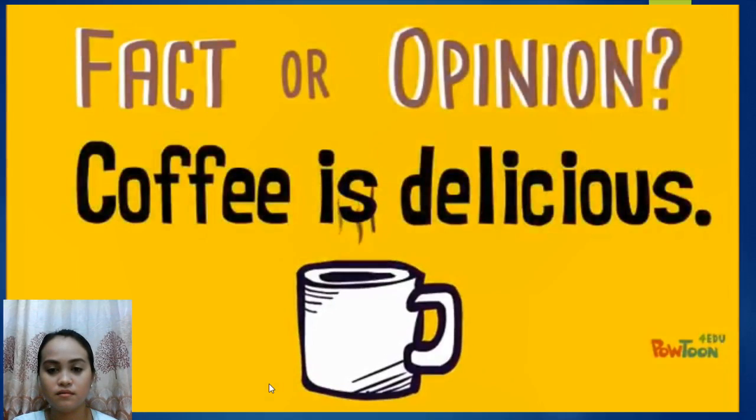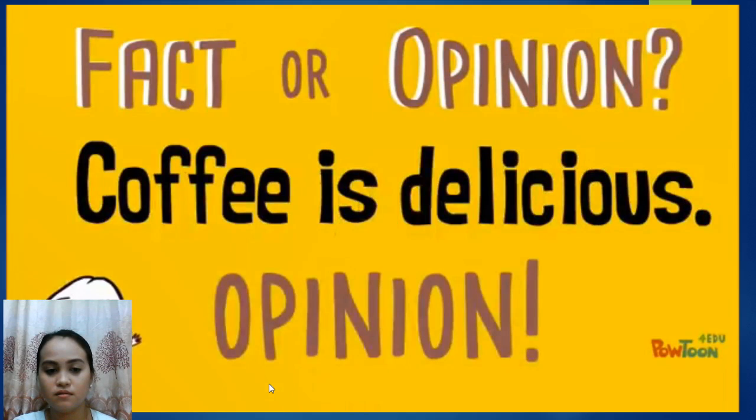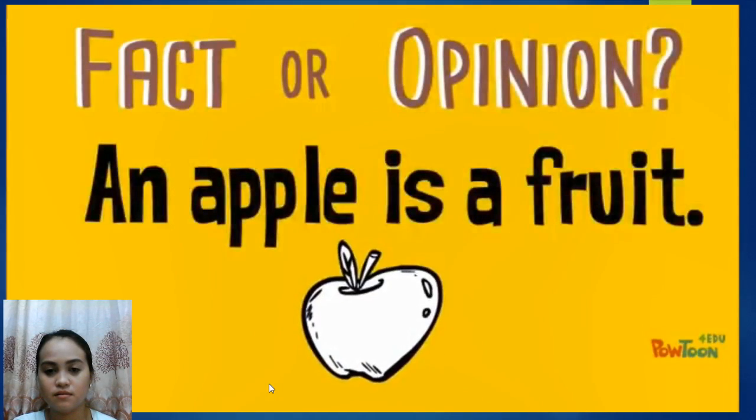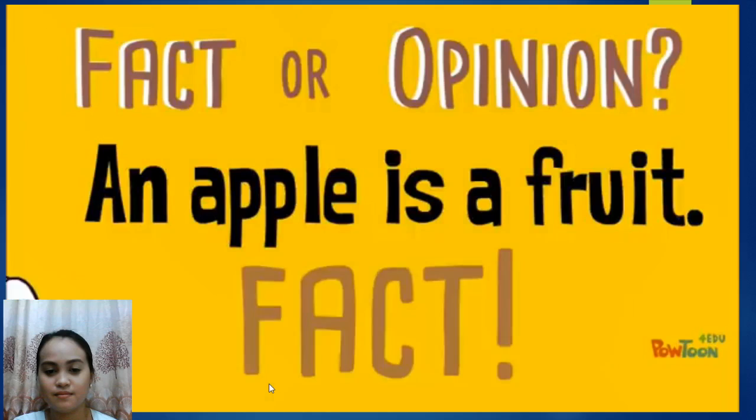Coffee is delicious. You're right, that's an opinion because someone could say, ew, coffee isn't delicious. Fact or opinion? An apple is a fruit. You're right, it's a fact. That is always true.